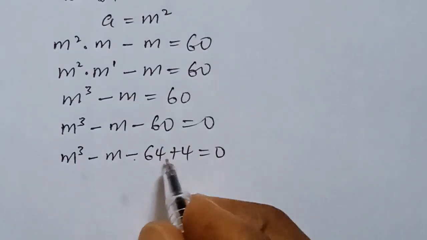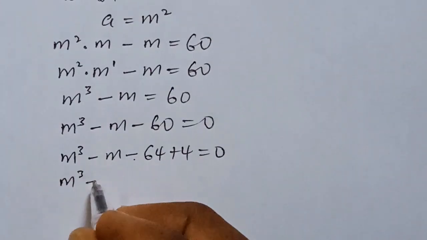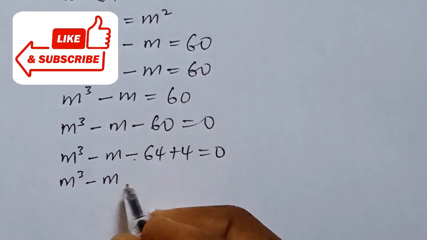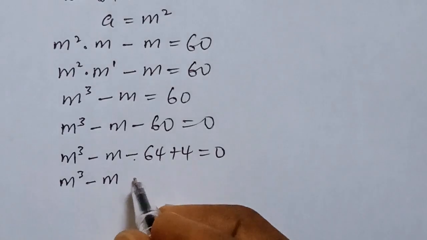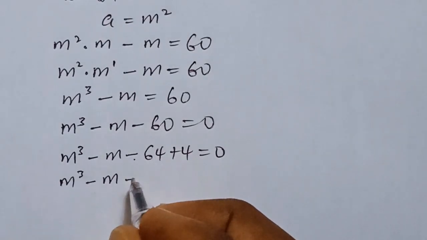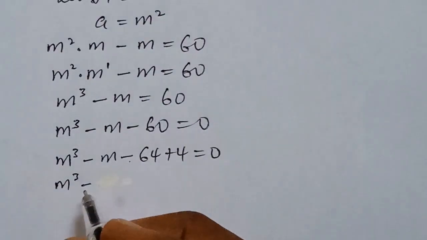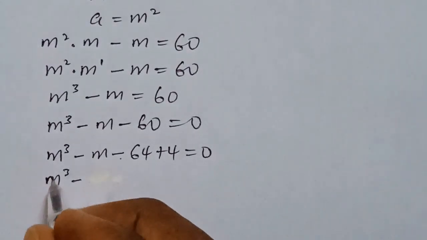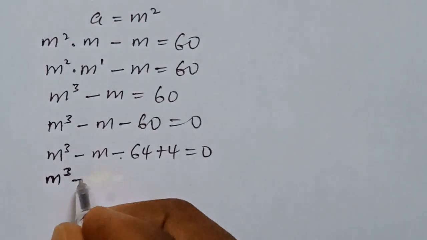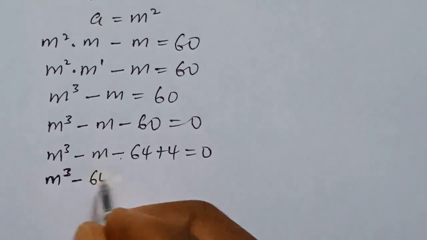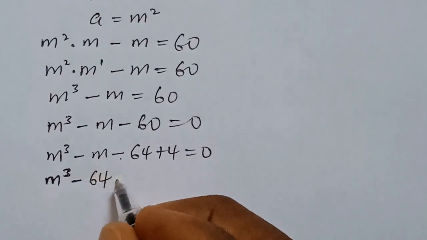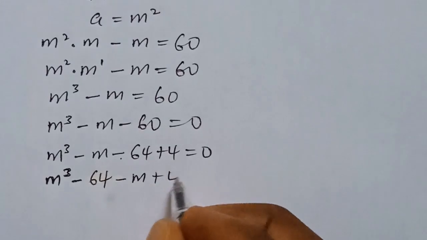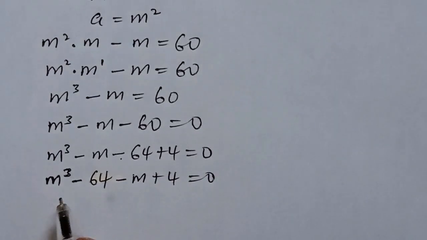Now this can be written as M cubed minus 64, minus M plus 4 equal to 0.